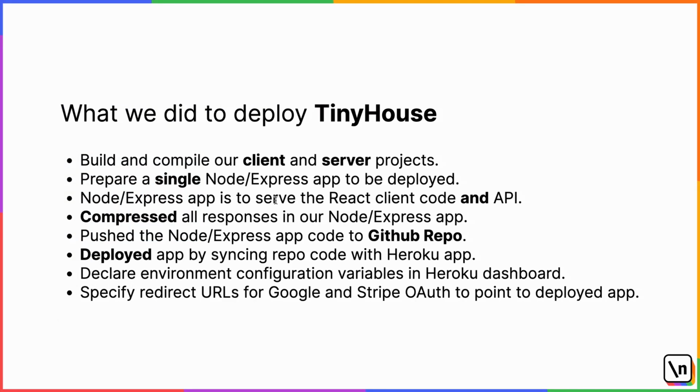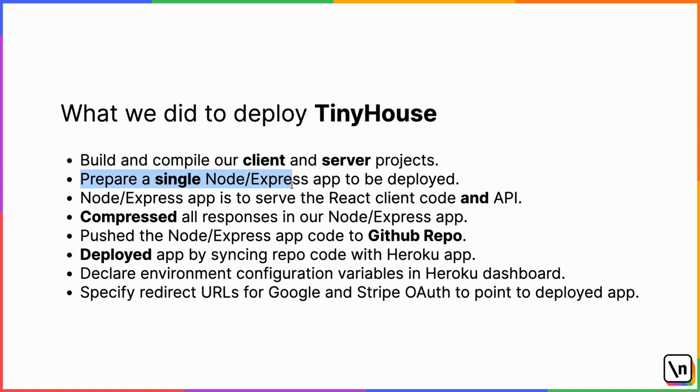So let's spend a short period of time talking about the different steps we've taken to actually deploy the Tiny House application. We had to initially compile both our client and server projects. The server needed to be compiled from TypeScript to JavaScript, while the client needed to be compiled from TypeScript to JavaScript as well, and to compile the React app to valid browser technologies, JavaScript as well as HTML and CSS.